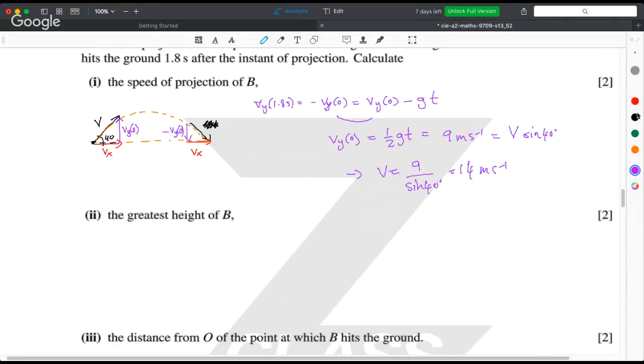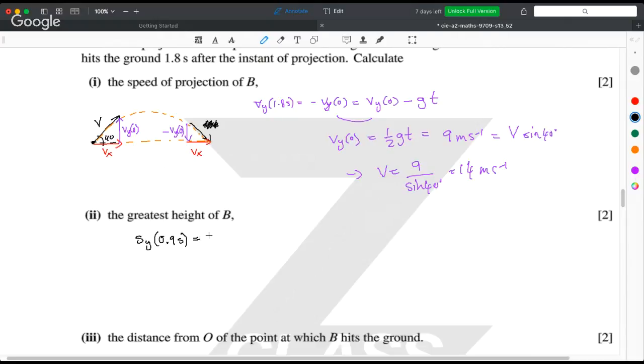So I'm going to call this SY. With parabolic arcs, you can just use the symmetry of the system to know that the greatest height is reached halfway through the arc. So it's going to be at 0.9 seconds.